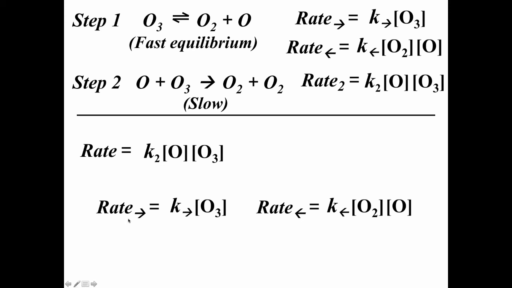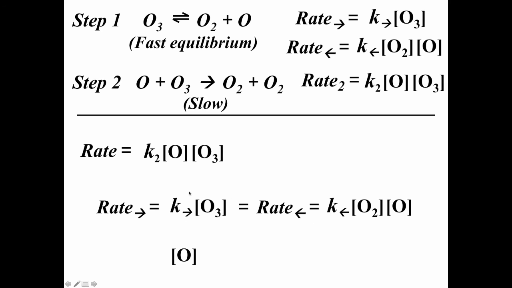And we take advantage of the fact that the first step that's proposed is an equilibrium step. And remember that equilibrium means that the rate of the reaction to the right and the rate of the reaction to the left are equal, so the rate forward and rate reverse actually have to equal each other, which means that K forward times [O3] equals K backwards times [O2] times [O].